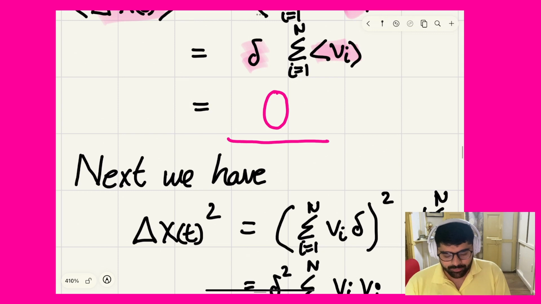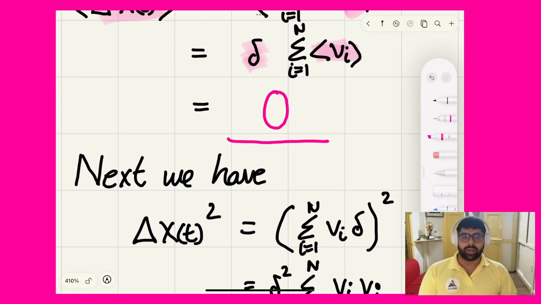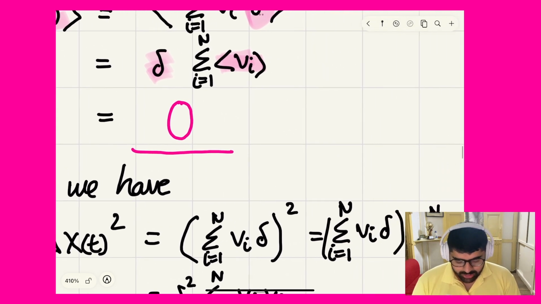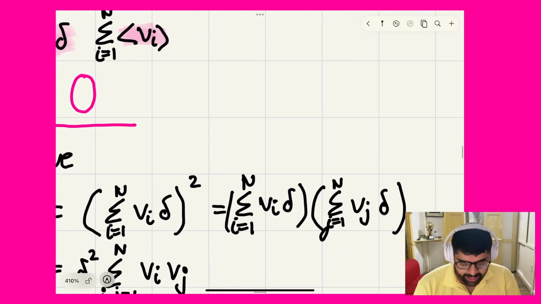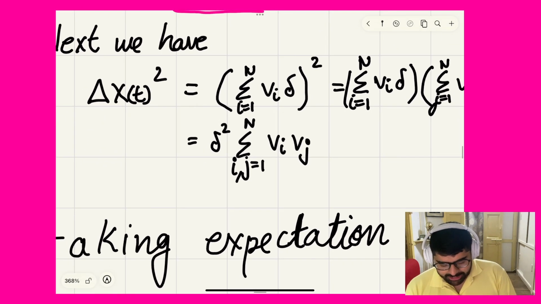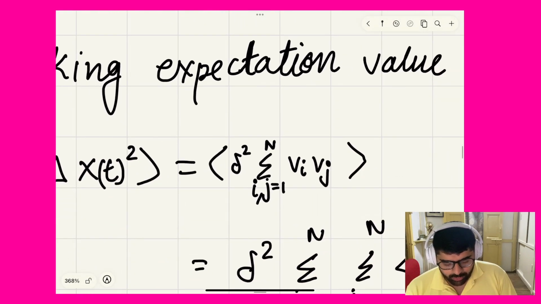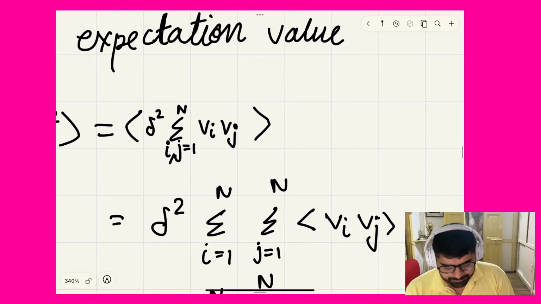Next, we have to find the expectation value of delta x squared. So for that, let's calculate delta x squared. Now, delta x squared is nothing but the sum of vi delta, squared, which we can write as delta squared times the double sum of vi vj. Now, taking expectation value on both sides, like we did previously, we get this expression.